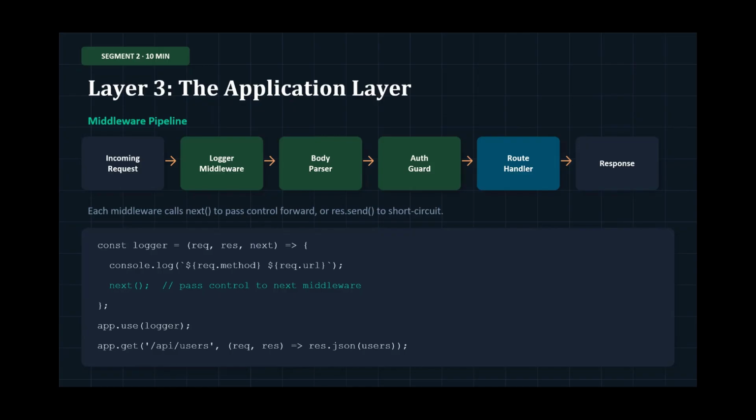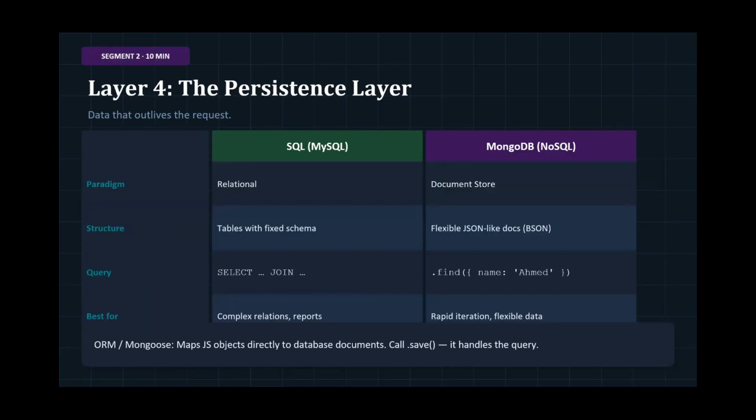When a request comes in, Express matches the URL and verb to a handler function, but before it gets there, it passes through middleware functions, which log the request, parse the JSON body, and check if the user is authenticated. They either pass control forward with the next function, or short circuit and send an error back.